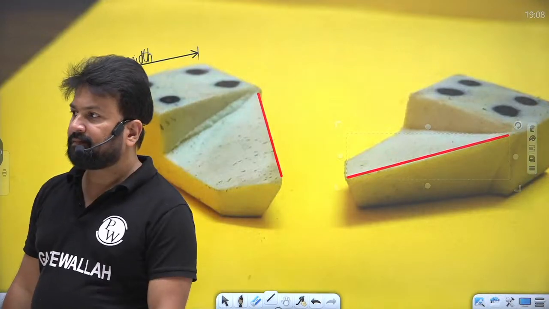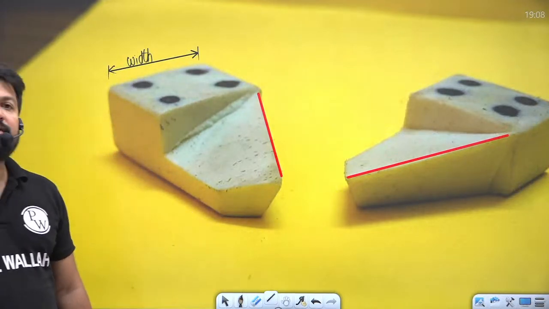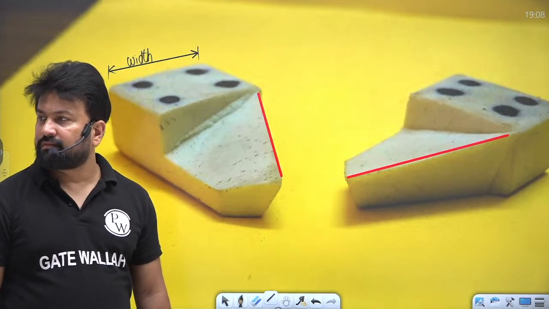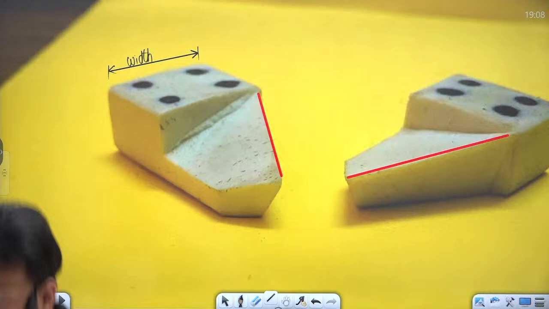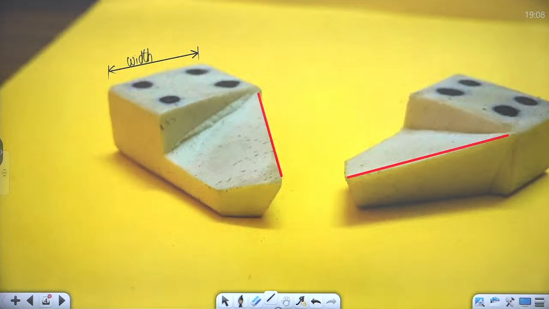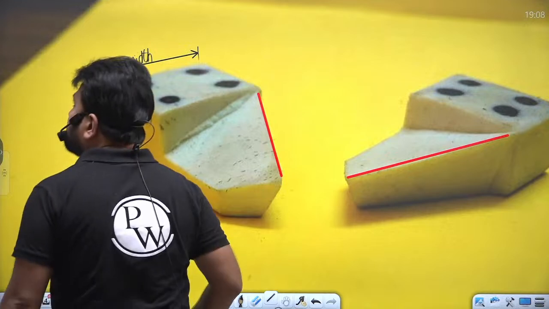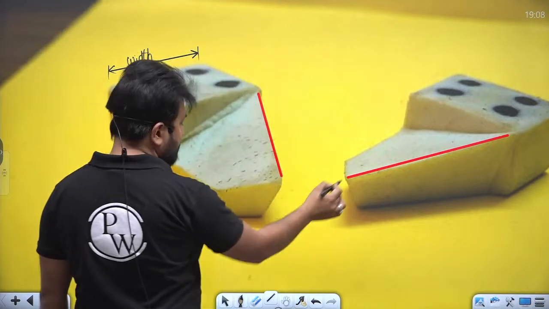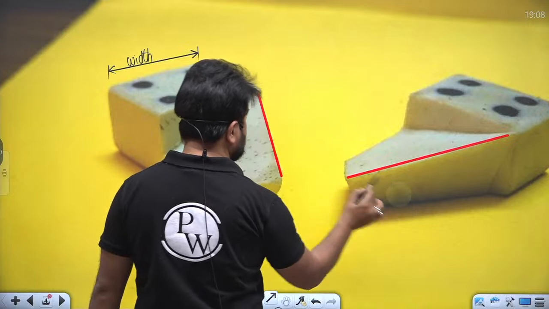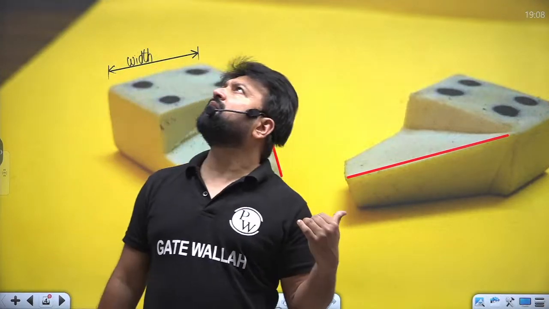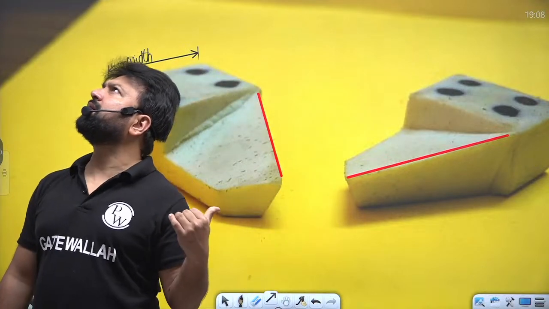Generally, this cutting edge will do the cutting, right? This cutting edge will do the cutting.